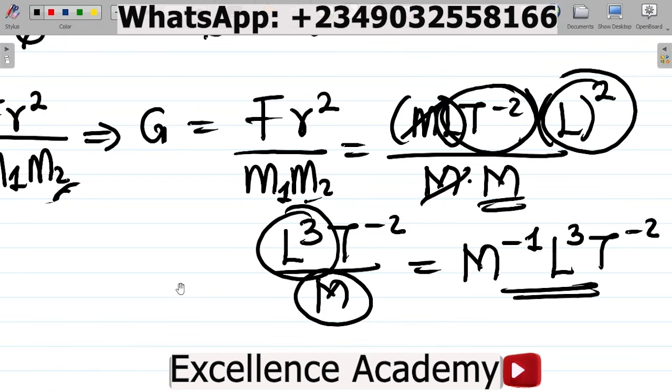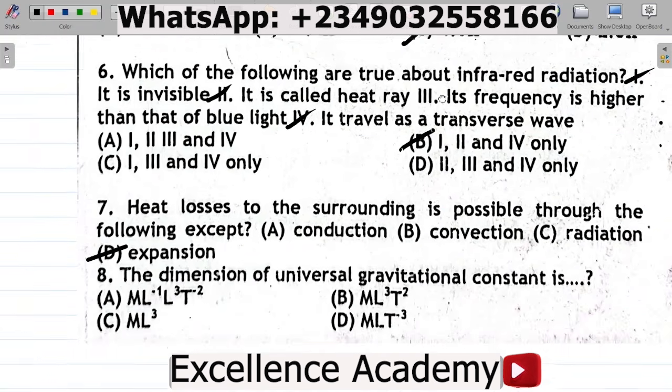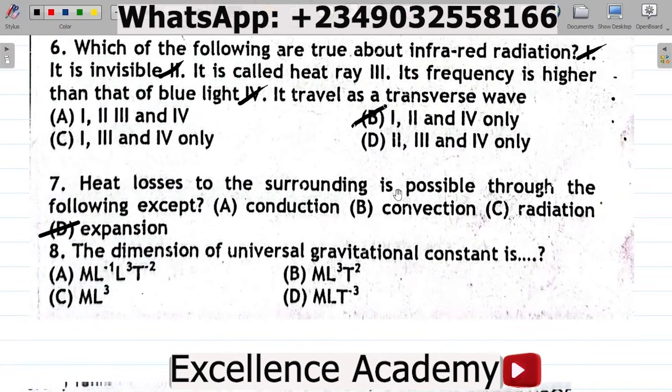So the dimension there is M to power minus 1, L cubed, T to power minus 2. Let's see which dimension matches this. I think that's actually A, but they added an L. So it's not an L. Just take off this L here.